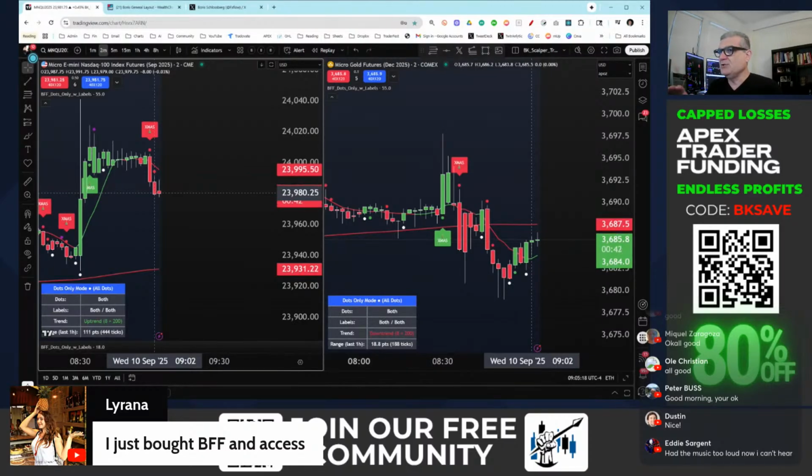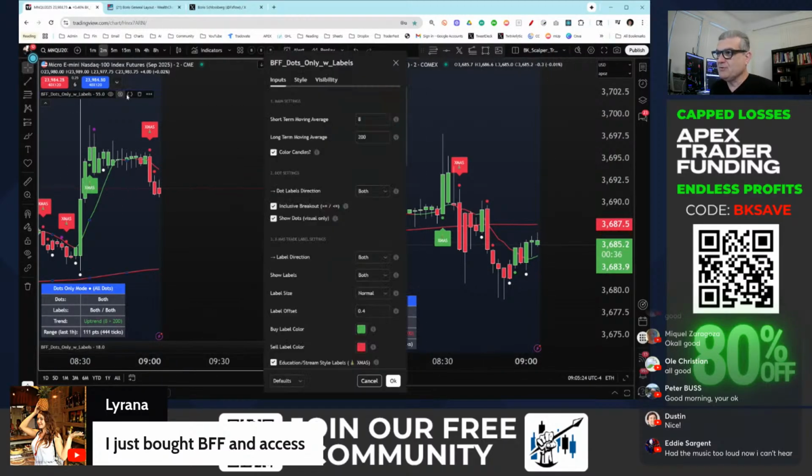Now, this is showing you both trend and counter trend, but you can obviously modify it to trend only or counter trend only. So, for example, if you go in here into the Christmas tree labels, it shows labels both. But you could also show direction both, or you could show counter trend only, for example.